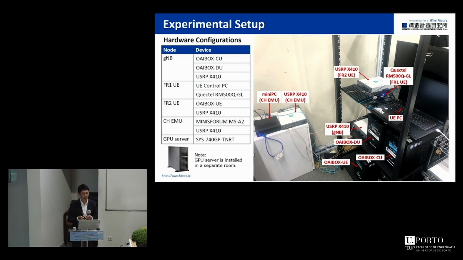So this is our actual office setup. The GPU server is used for ray tracing and is placed in a separate room. It's not shown in this picture. The channel emulator and gNodeB and UE are located here in the lab.